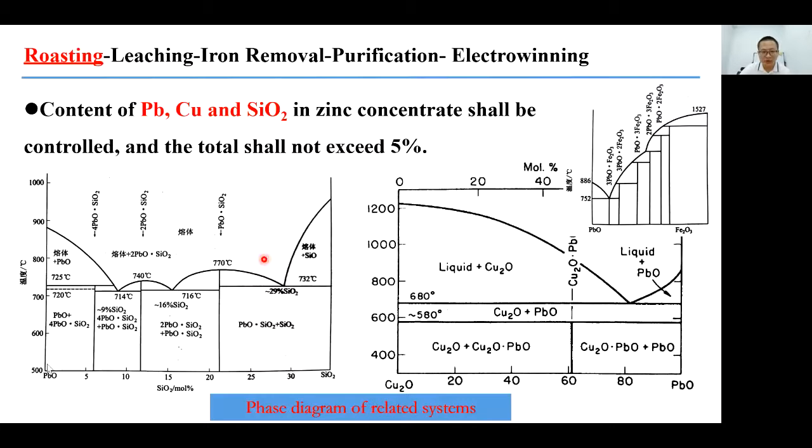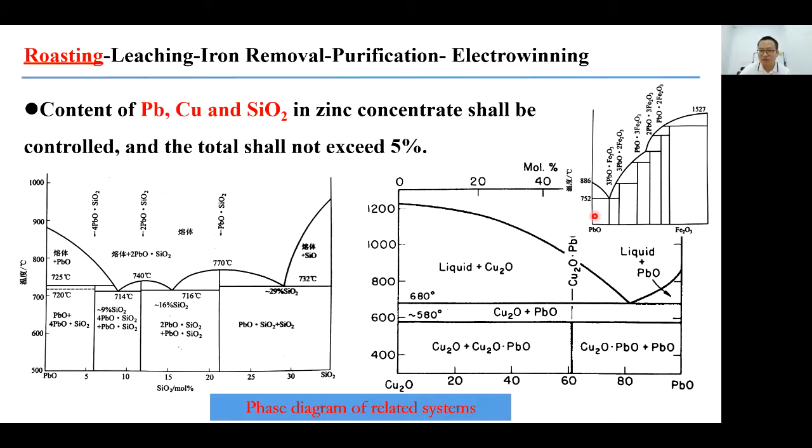If we have too much lead or too much silica, we get a very large amount of liquid, so this is a fully liquid phase area. Around 714 degrees C, lead oxide and silica can form a liquid phase, and lead oxide can also form a liquid phase with ferric iron oxide.